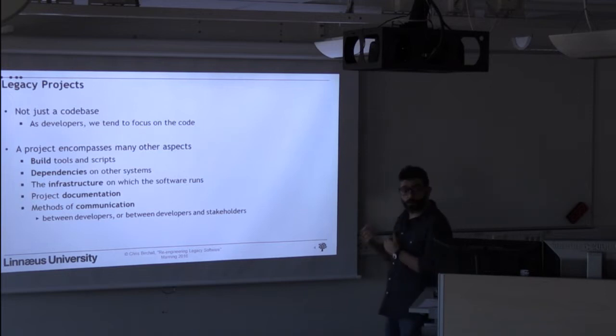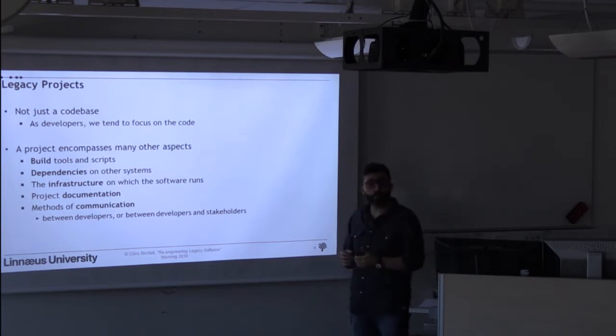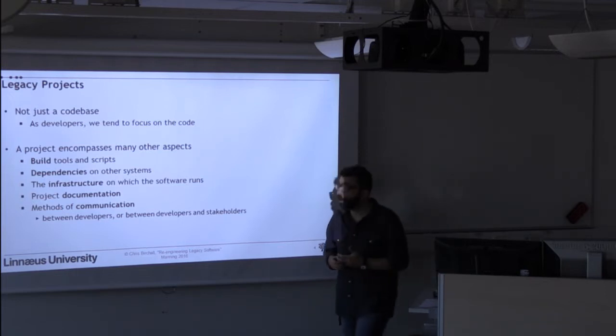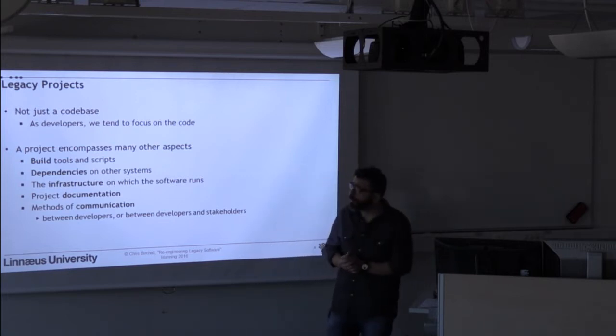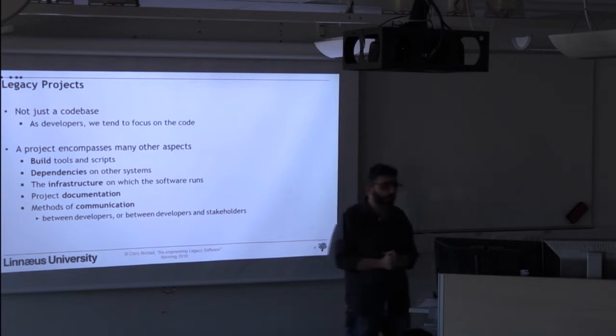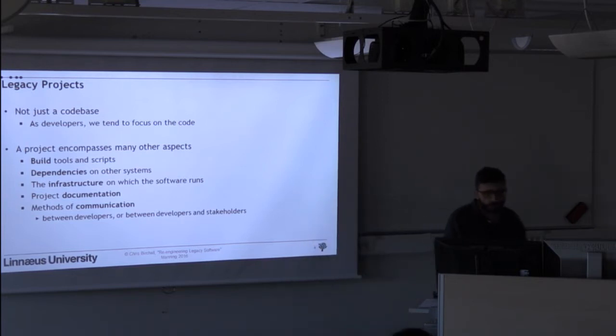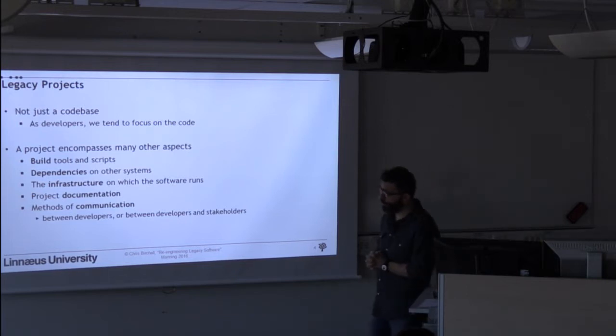The documentation. The software was produced within a project, and a project usually also produces some documentation. We need to read the documentation and try to understand how the project was carried out.